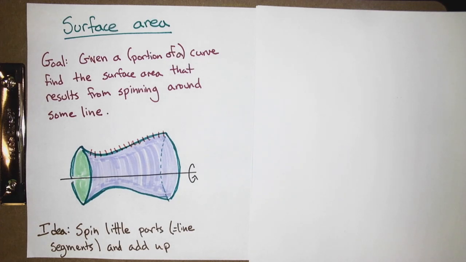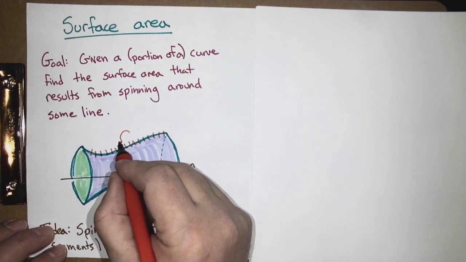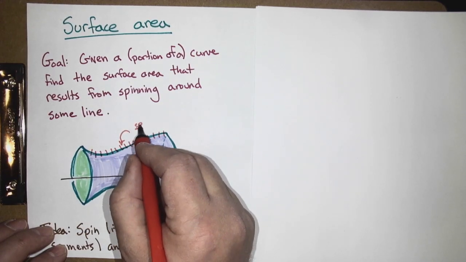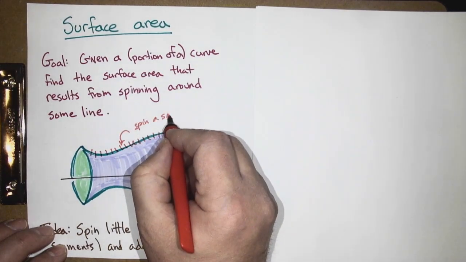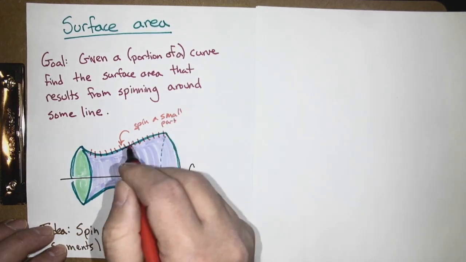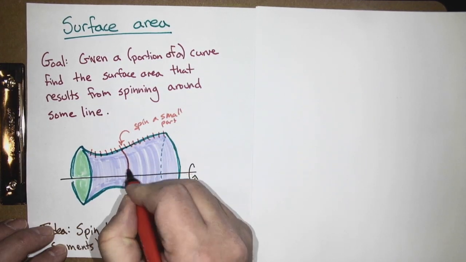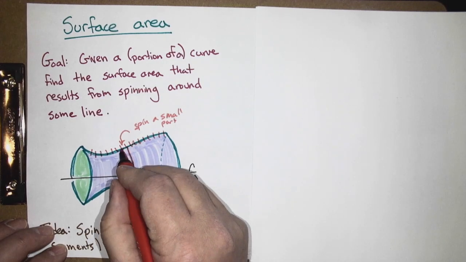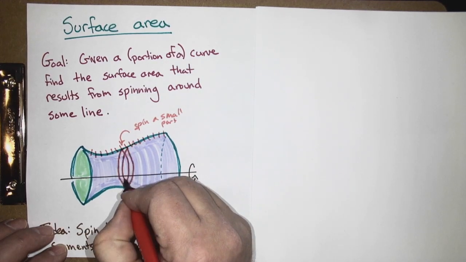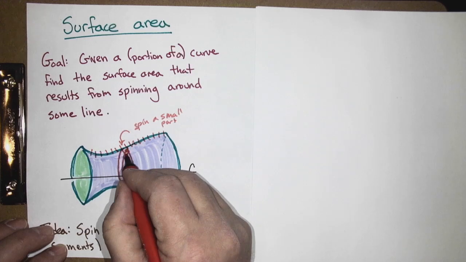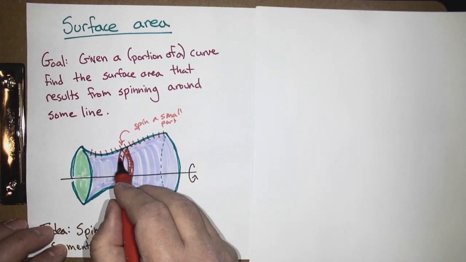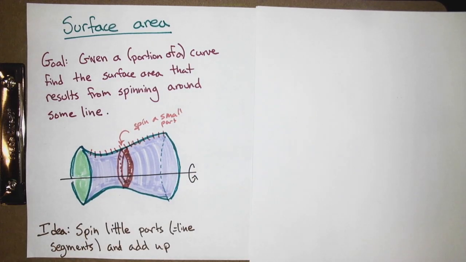Well, when you break it up into small parts, each small part looks very much like a line. And so that's going to help us figure things out. So we're going to take a little piece, and we're just going to spin a small part. We're going to say, well, what happens when we do that? Well, when we spin a small part, we're going to get just this sort of strip here. So now I say, look, if I can figure out what's the area of this strip that I've spun around, this little segment, I win.